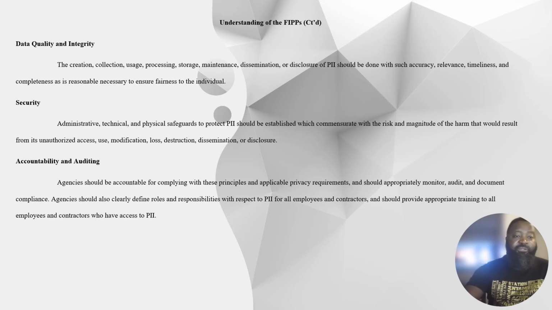So it's not just enough to have security, data quality, and integrity, and all of those good things. But now you have to be accountable. You have to also train employees on the appropriate handling and securing of PII.